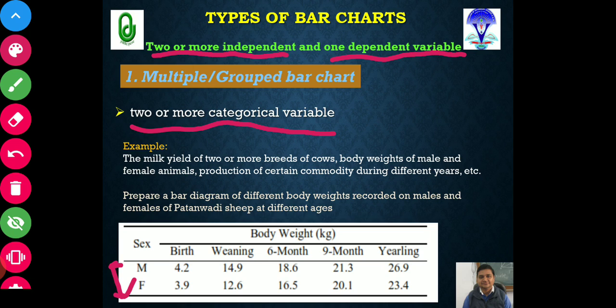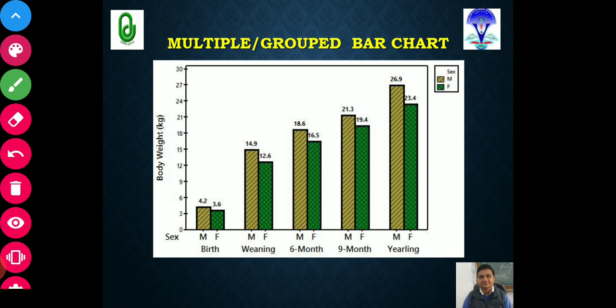In the next slide we'll see how the multiple or grouped bar chart looks. Why is it called a multiple bar chart? Because for a particular set of data you have multiple bars.